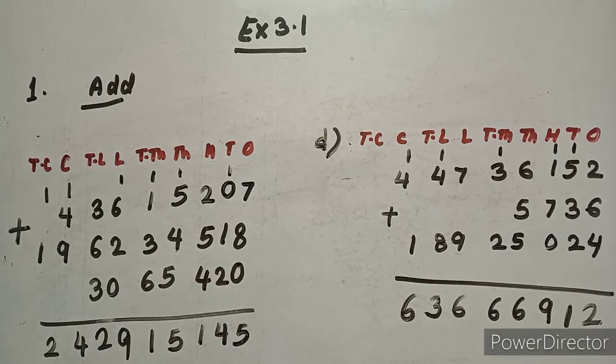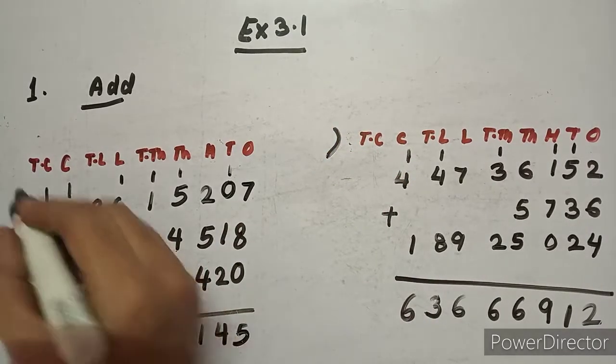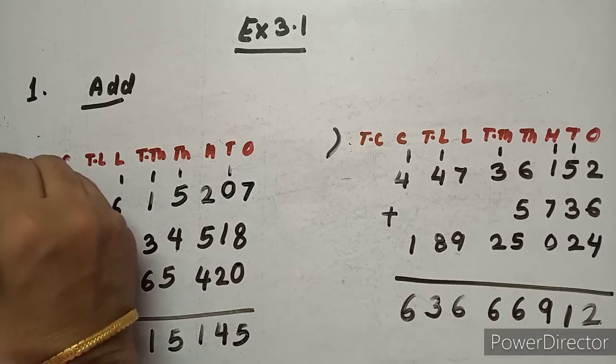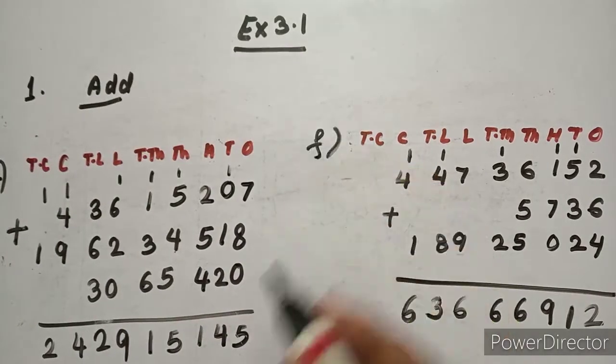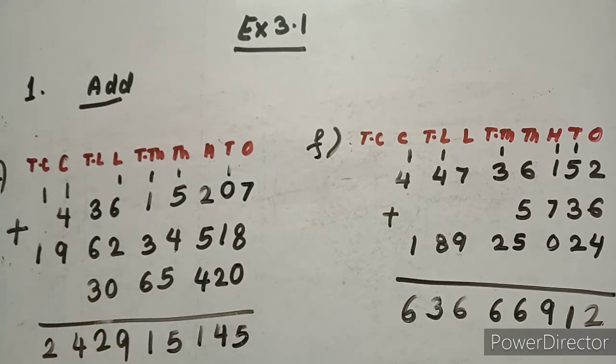Now students, you can see that we have gone for the addition of E and F. Okay, so this is your E of first question. Now you can see that here are so many digits, that is for one number you have 7 digits. Okay, so they are the large number with 7 digits.